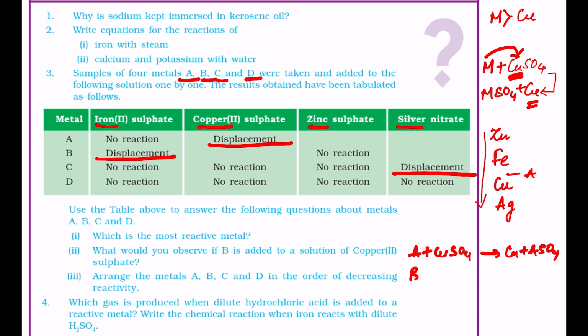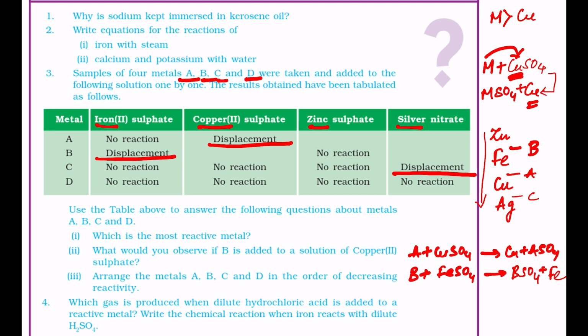It means when B reacts with FeSO4, it forms sulphate of B and iron is deposited. So it can be said that B is more reactive than iron. Then C shows displacement reaction with silver nitrate. So C is more reactive than silver.